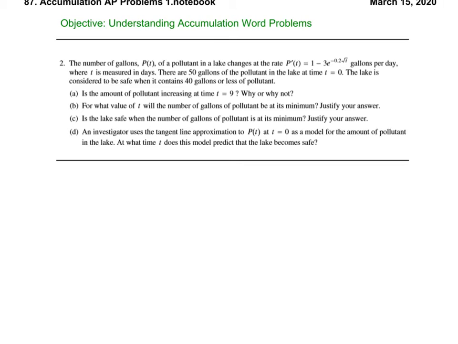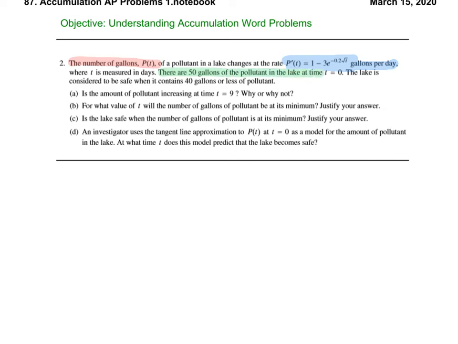So it says the number of gallons P of T of a pollutant. So this is the number of gallons, the total amount, right? Changes at a rate. So this one is our rate. All right, so that's our rate of change, gallons per day, where T is measured in days. There are 50 gallons of pollutant in the lake at time T equals 0.